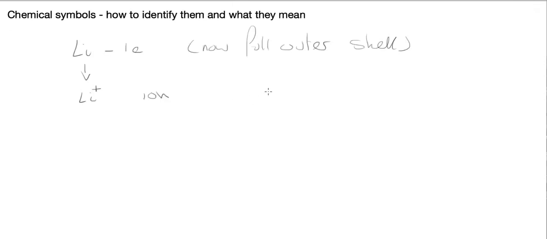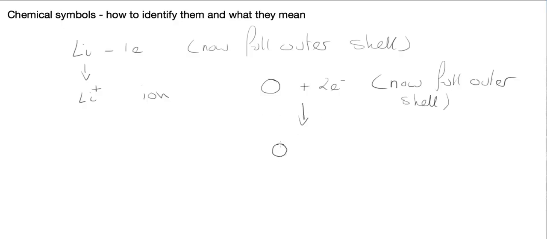So if oxygen was to gain 2 electrons, it would now have 8 electrons in its outer shell, which would mean oxygen would now have 2 negative charges it didn't have before. So oxygen forms an O2 minus ion.